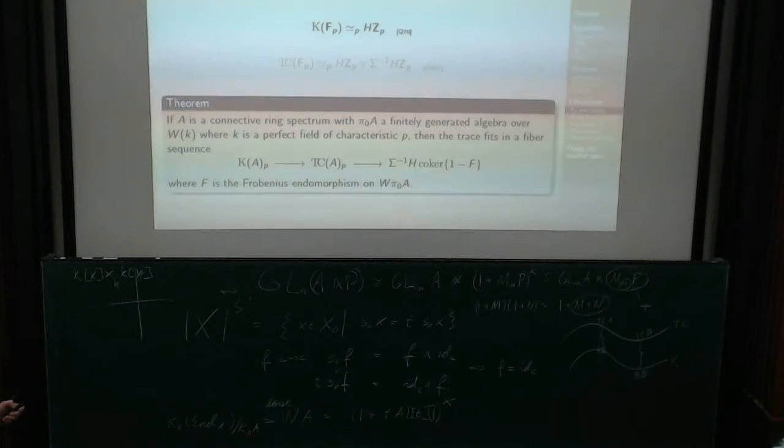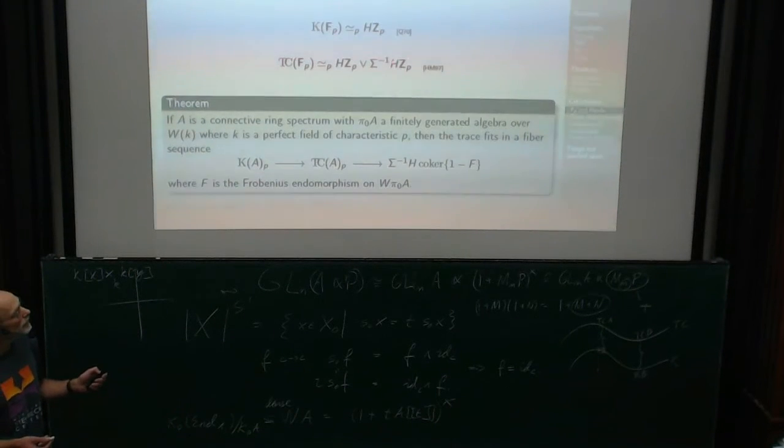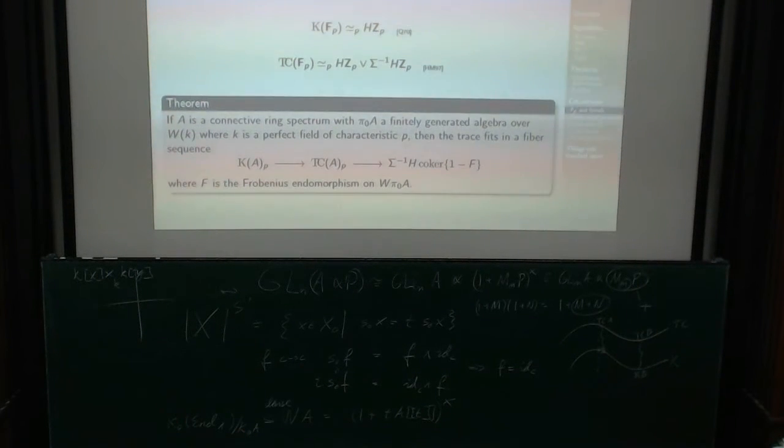And Hesselholt and Madsen calculate K-theory and TC of FP, and lo and behold, they get this conclusion here. So after P completion, they get a copy of HZP in degree 0, and annoyingly enough, they get a copy of HZP in degree -1. Sorry about that.